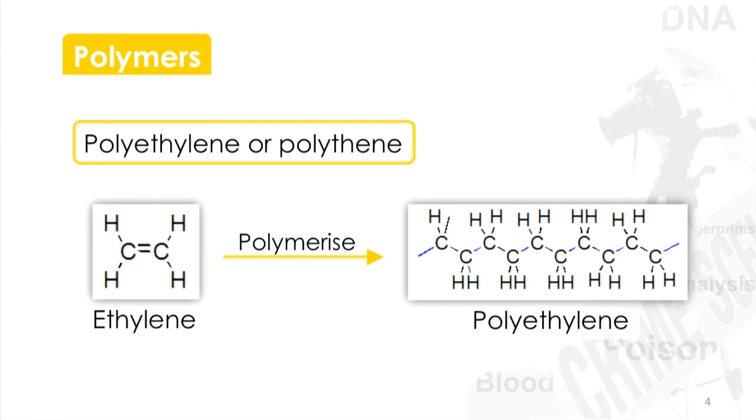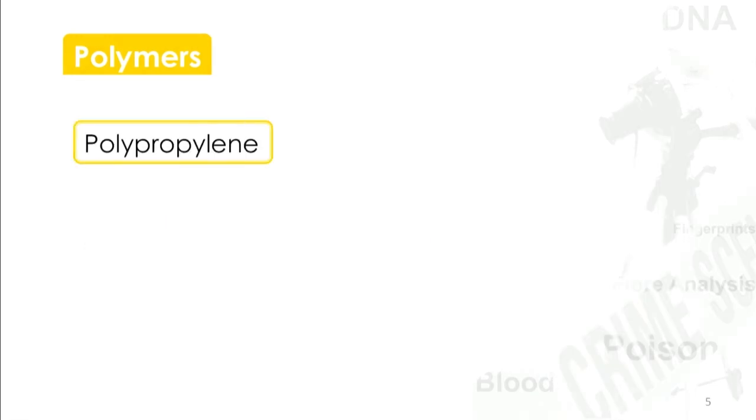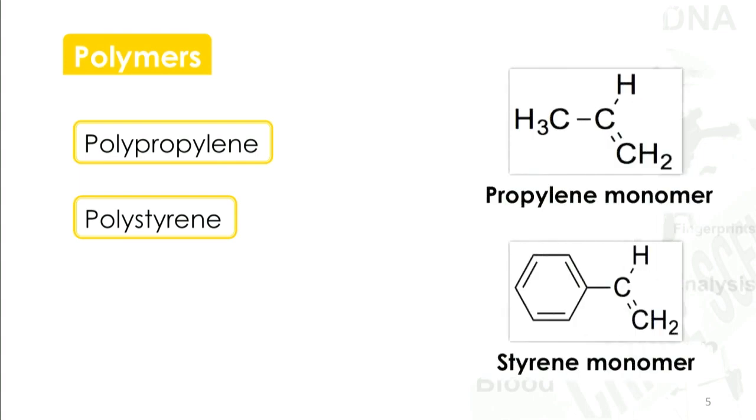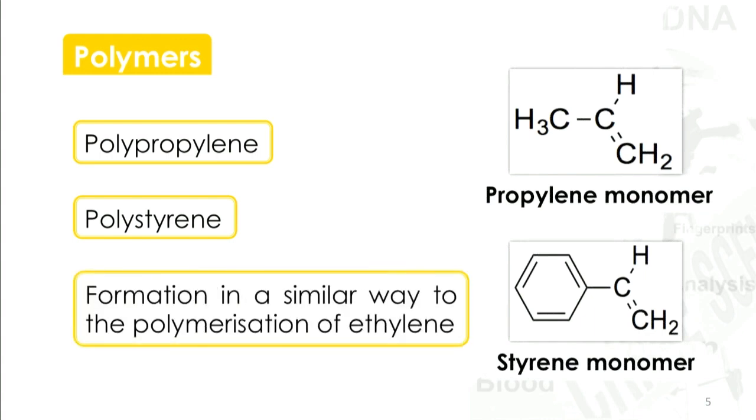We're also familiar with polymers like polypropylene and polystyrene. Polystyrene, of course, is the material that's used to make styrofoam packaging. And these are polymers from the corresponding monomers, propylene and styrene, and it's done in a quite similar way to the polymerization of ethylene.